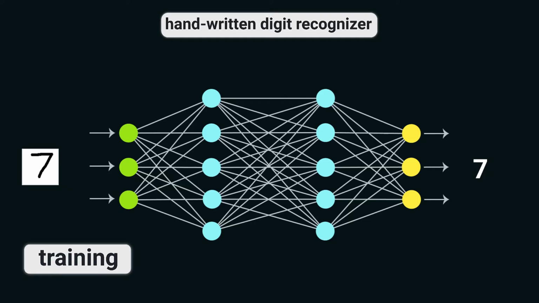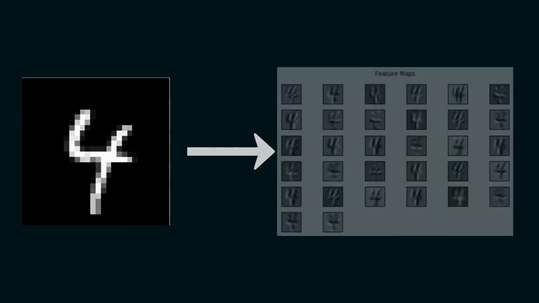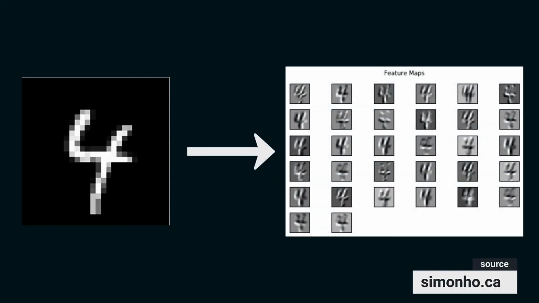To train a model, we need a large amount of data. For example, to train our handwritten digit recognizer, we can use the MNIST dataset, which contains 60,000 images of handwritten digits for training. The model uses these images to learn the features which will be useful for recognition. Now, after the training, we need to test or evaluate the performance of the model.